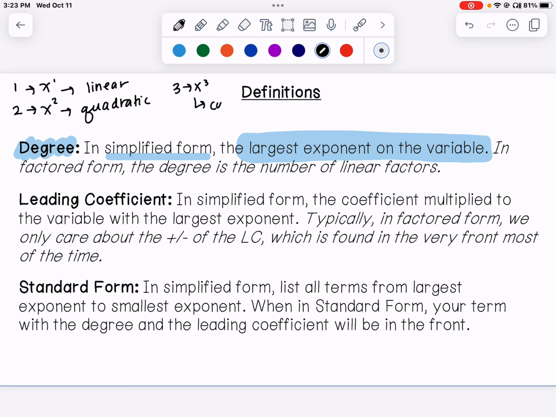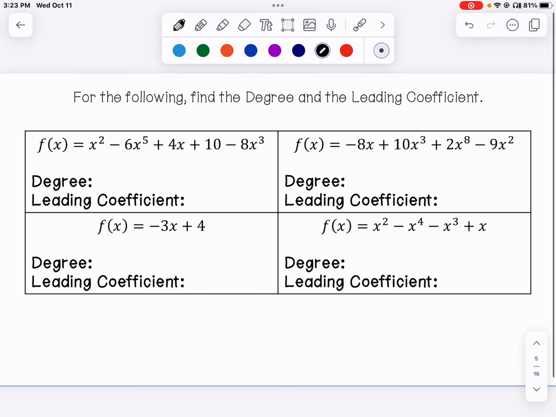This is actually known as cubic. And the last one with its own fancy name is x to the fourth, which is known as quartic. After that, it is simply whatever degree it is. So if I had something that was x to the 8th, I would just say this is an 8th degree polynomial.